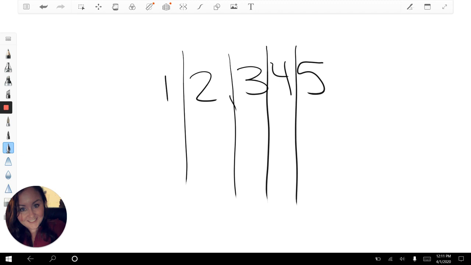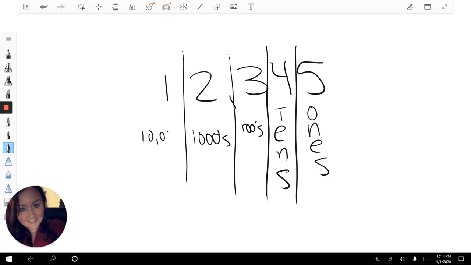And so when we borrow, what we're actually doing is borrowing from the number on the other side. So our 5s are our 1s, 4s are our 10s, 3s are our 100s. We have our 1000s and our 10,000s. Okay?